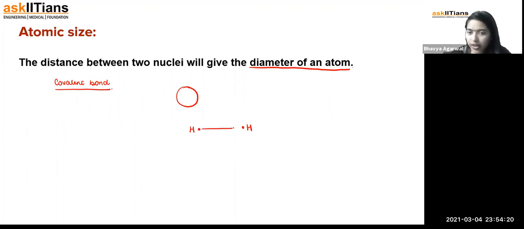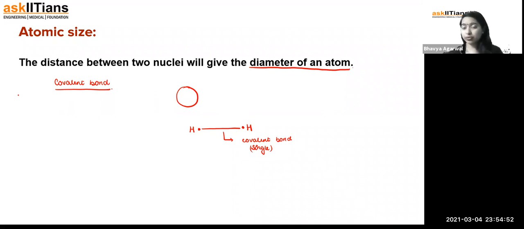They share one electron each, and then a bond is formed. So this is your covalent bond. Since a single bond has been formed, this is your single covalent bond, in which the duplet of each hydrogen is complete.